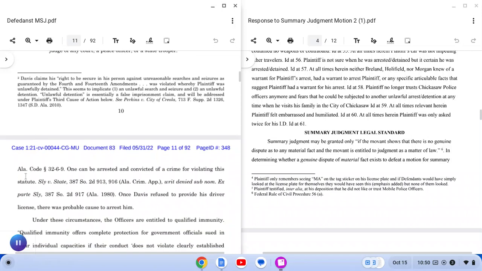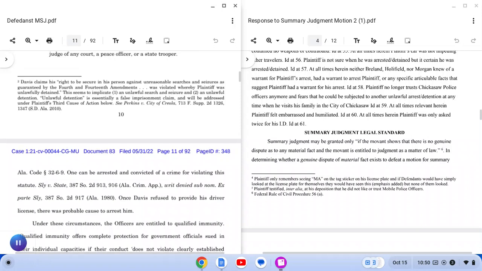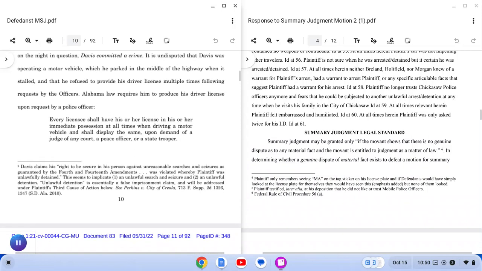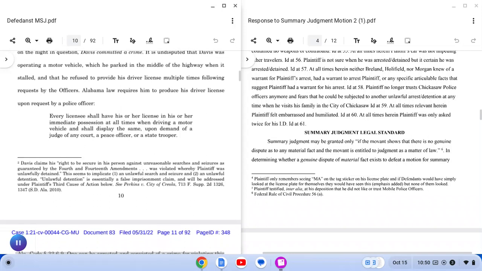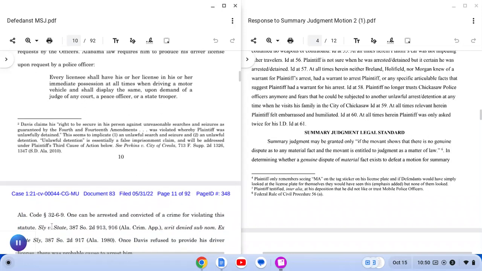And this goes back here, Alabama Code, Section 32-6-9. That's what they were talking about when they were saying that I was required to produce my driver's license on demand. Notice there's a statute right there, just to let y'all know, because police officers are foreign to common law. They did not exist at common law. They exist only via statutes. They were created by the legislature.